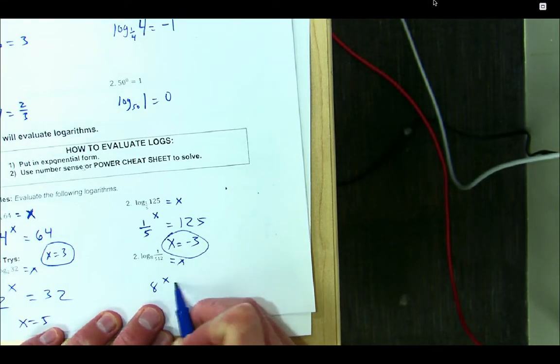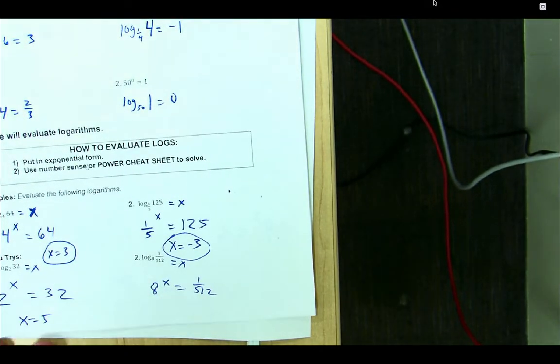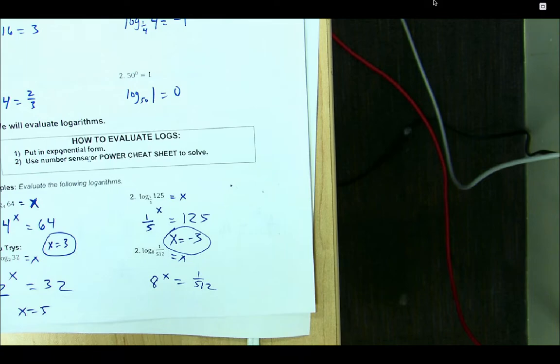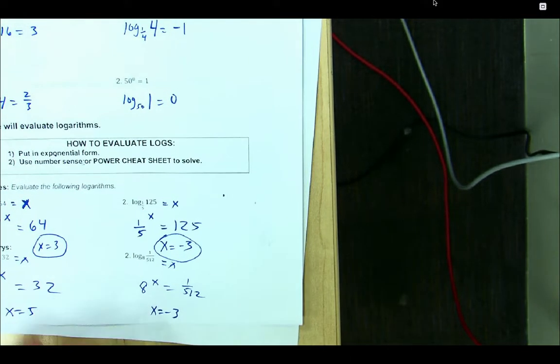Similarly, 8 to the x is equal to 1 over 512. And for similar logic as the one right above it, since 8 to the 3rd is 512, 8 to the negative 3rd would be 1 over 512.